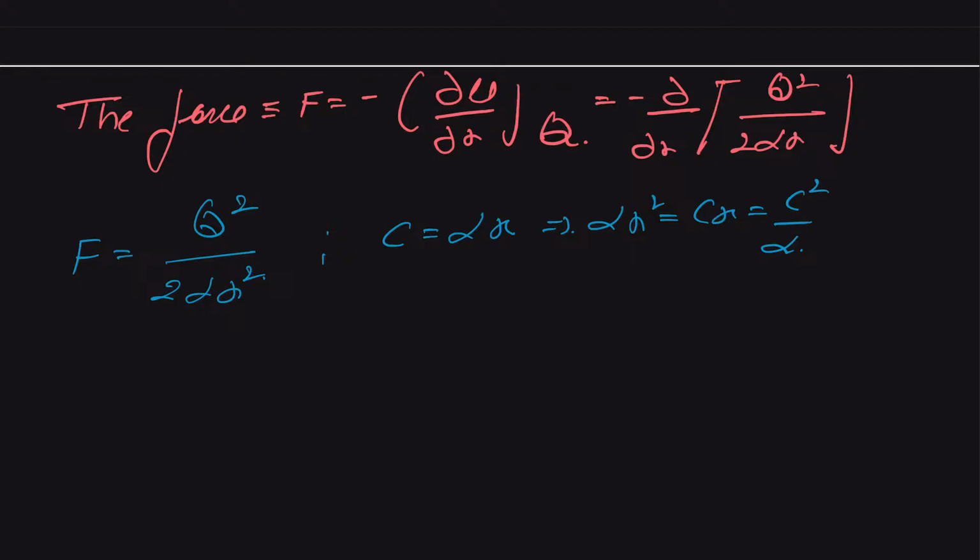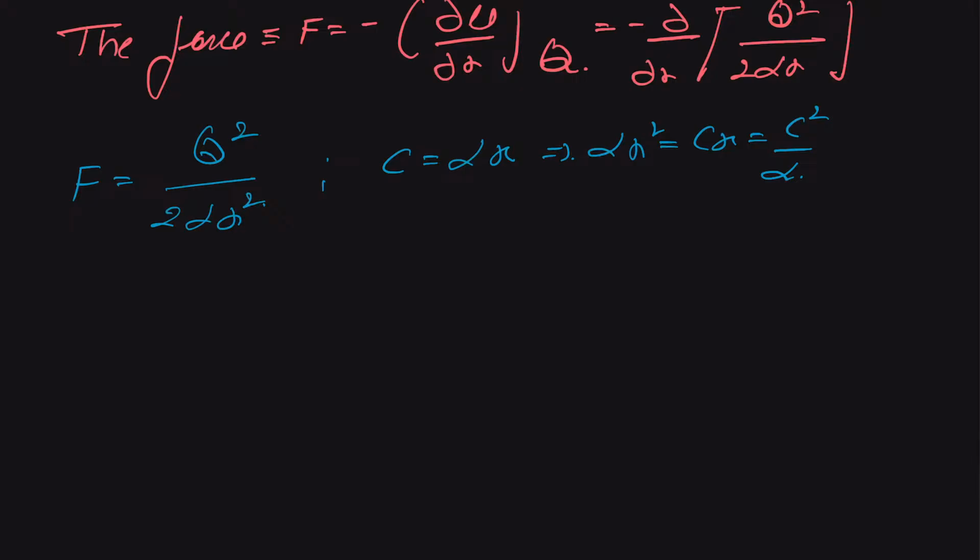So therefore we can write that the value of force is Q squared upon 2 times alpha upon C squared. This will be Q squared upon 2CX.